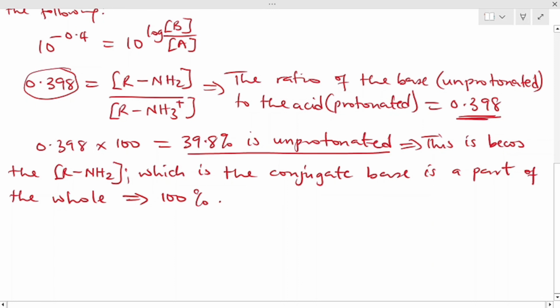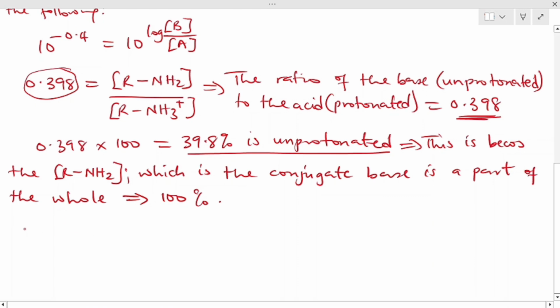However, the question is asking for the protonated form of the glycine. If you go back to your question, it says what percent of glycine is in its protonated form. So the question is asking for the protonated form and not the unprotonated.